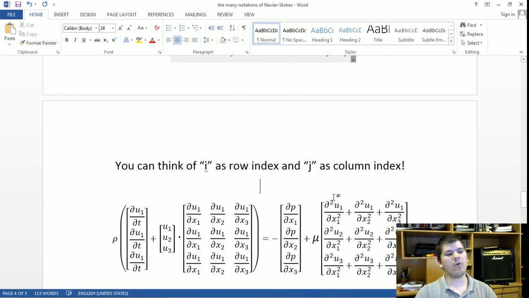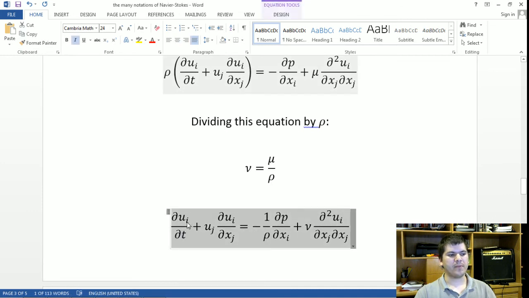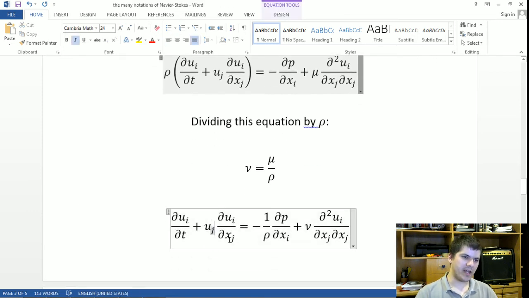So if you write each of these equations for i and use the sum convention here, remember here you have j and j, so I have to sum over j and repeat it for i from 1 to 3.